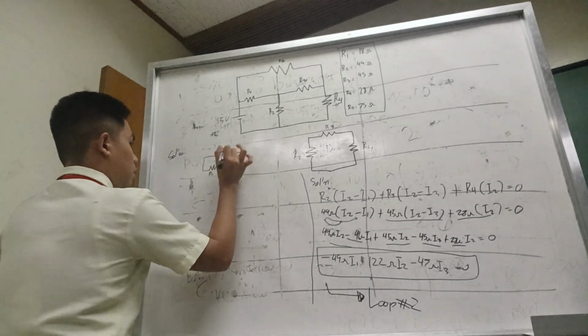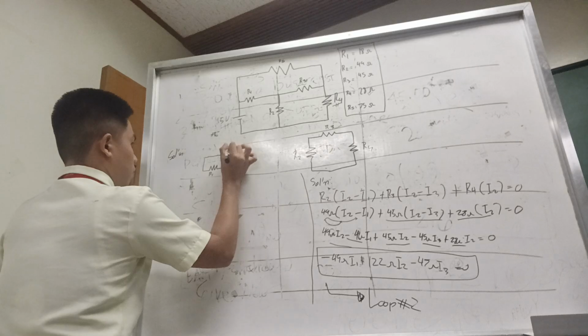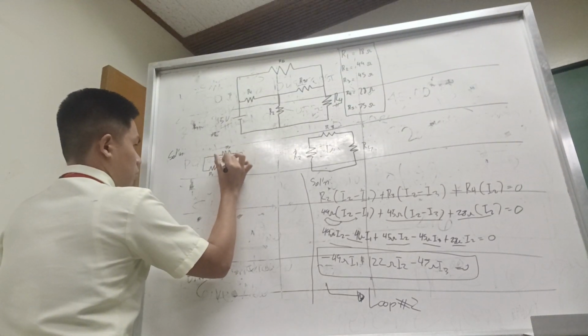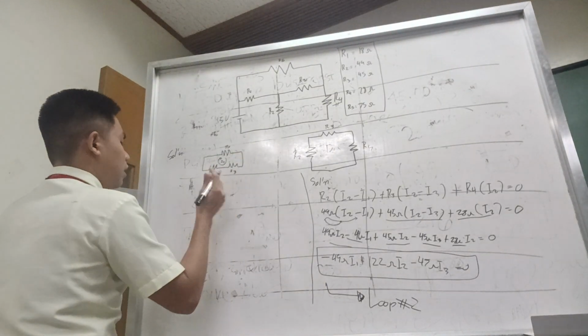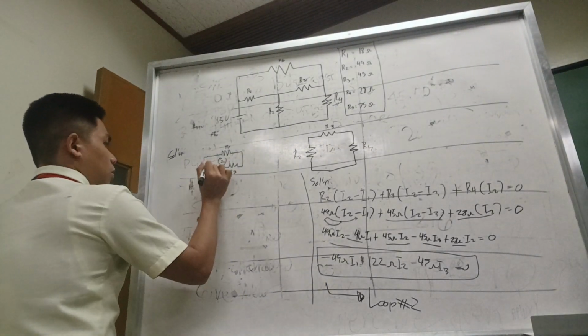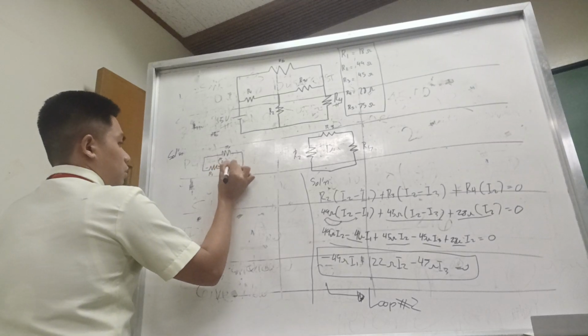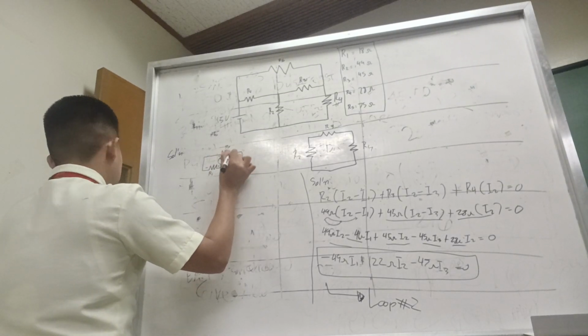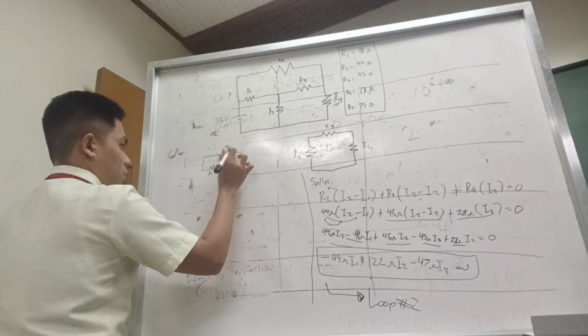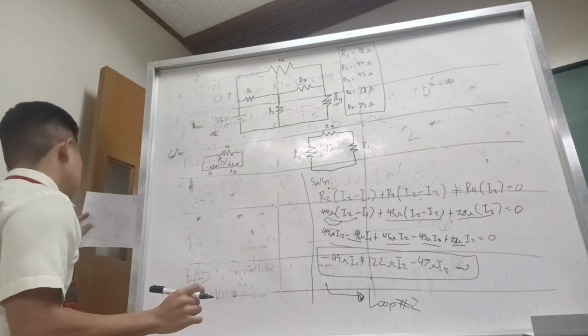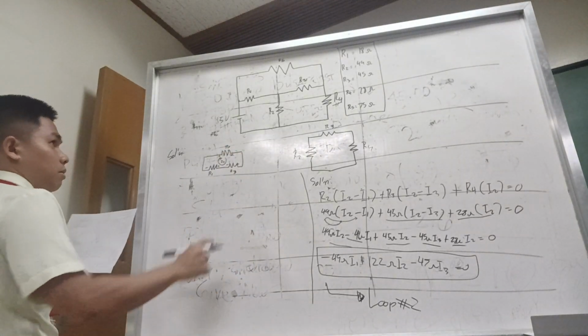And this is R5. In a counterclockwise direction, the I3 is clockwise. Plus, minus, minus, plus, minus, plus, minus. That is our problem here.